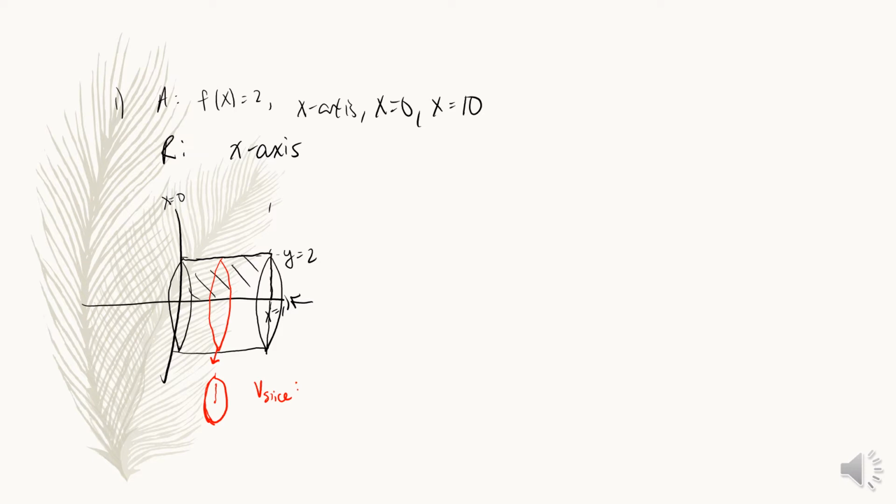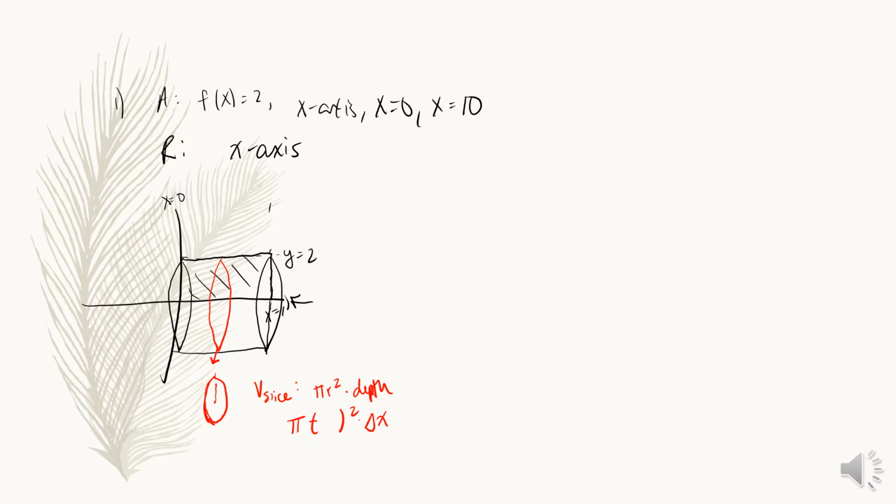So the area is going to be pi r squared times that little bit of depth. We need to figure out what's the radius and also what's the depth. Well, when I took the slice, I hit the x-axis, so my depth is delta x. If I would have sliced it and hit the y-axis, it would be delta y.